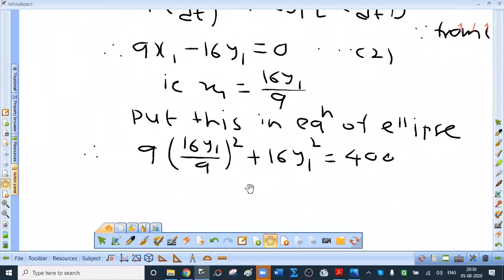Now tell me how to solve this. 16 gets cancelled.